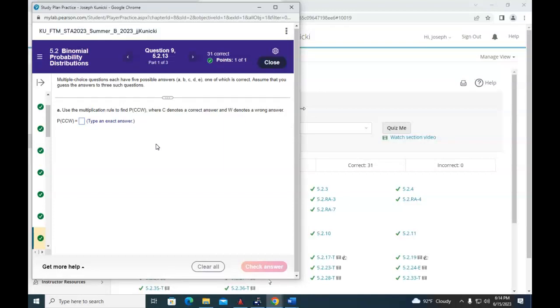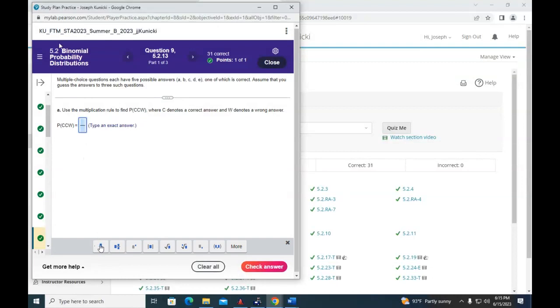This times this times this. So this is 1/5, 1/5, and this is 4/5. So you multiply. You get 4 over 125. Right? It says exact answer, so we know the fraction, let's just go ahead and put it in.